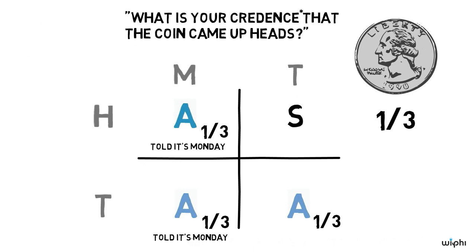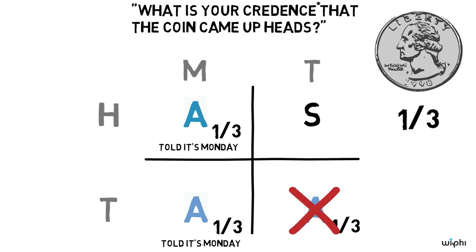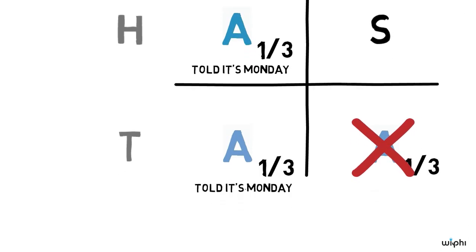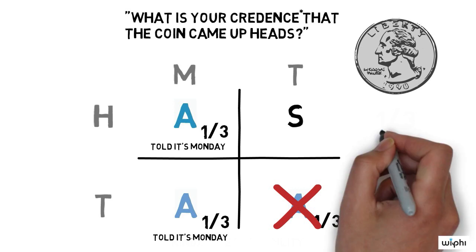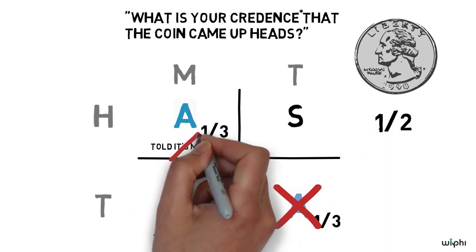Now she knows that she's not in the Tuesday tails scenario, but that she's either in a Monday heads or a Monday tails scenario. Given that the coin is fair, and the coin will be tossed after Sleeping Beauty goes to sleep again on the Monday, shouldn't she think that the probability that the coin will come up heads is 1/2? Well, it seems so.